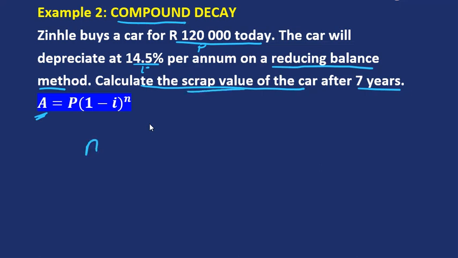So we are trying to calculate A. All right, so P is 120,000. And of course the interest rate is 14.5%. n is the number of years, which is 7.